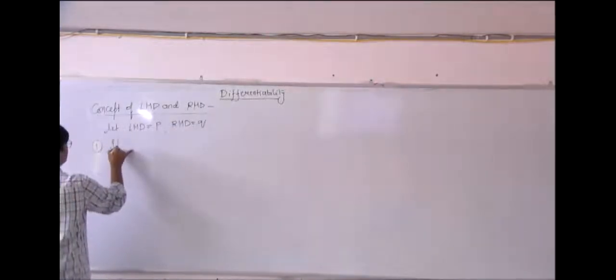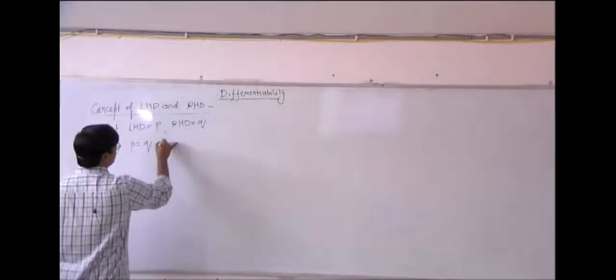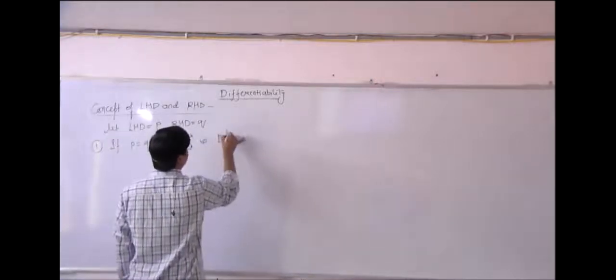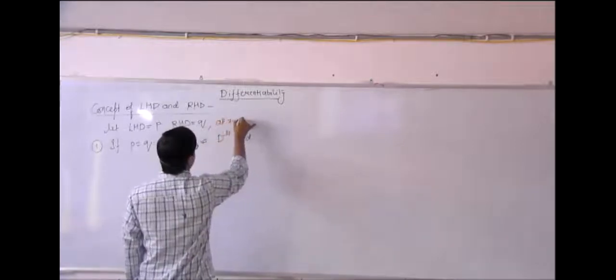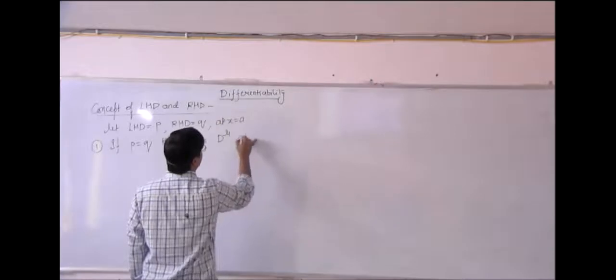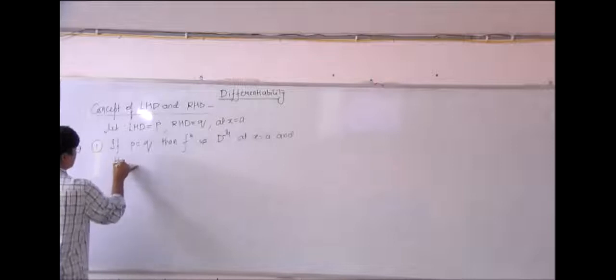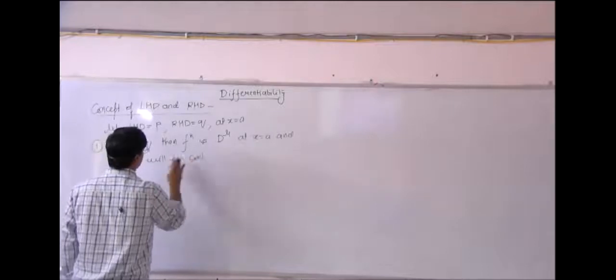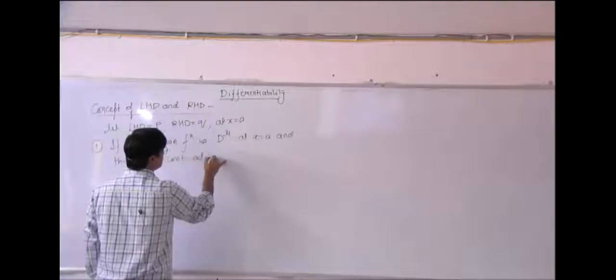Now, if p equals q, then the function is derivable at x equals a, and thus it is continuous at x equal to a.